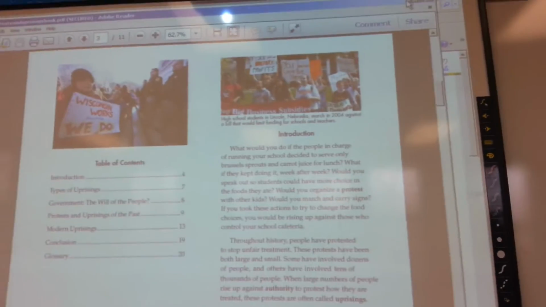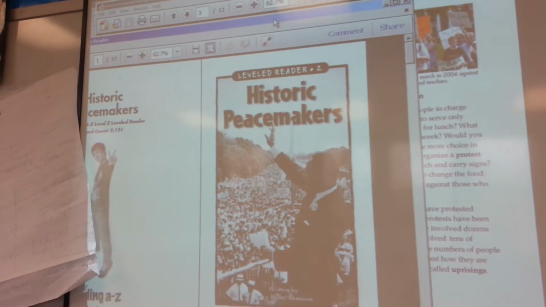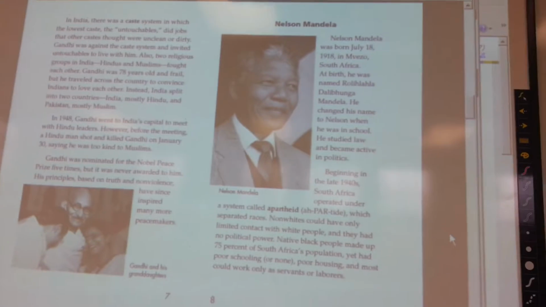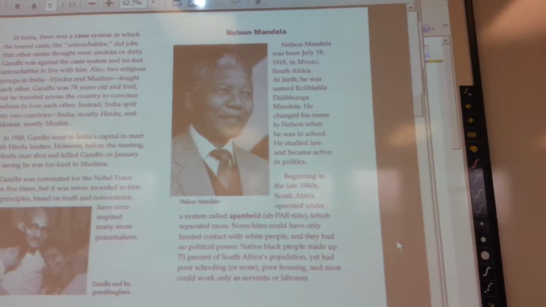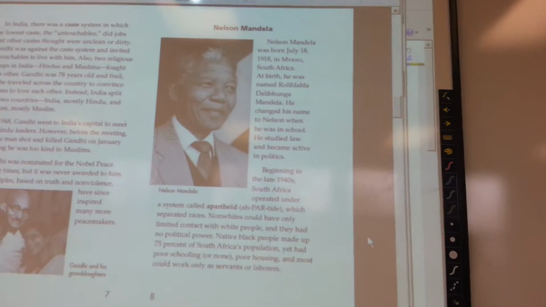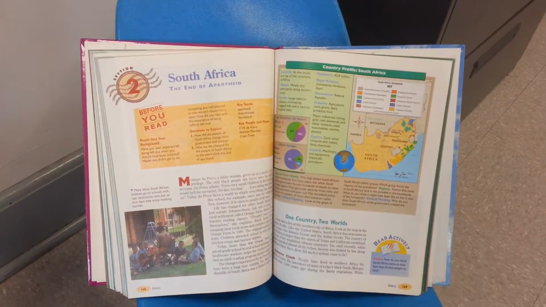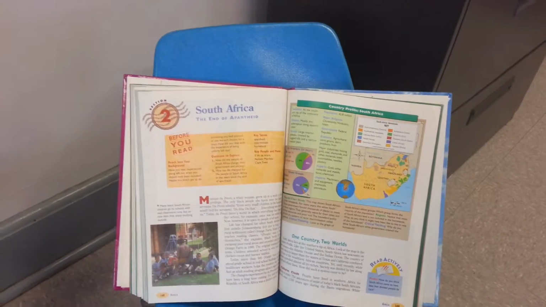Yeah, because the other book that we read was called Historic Peacemakers, and that has some information about Gandhi and Nelson Mandela, which also connects back to the chapter in the book. And there's the Montgomery bus boycott on the screen again.